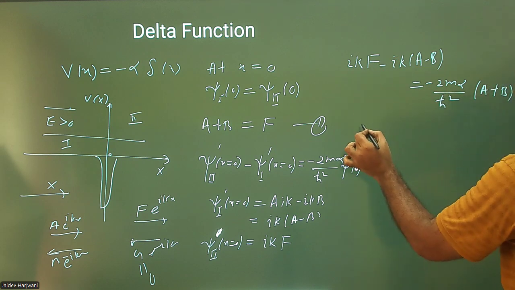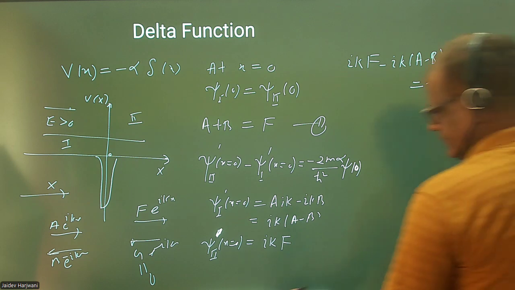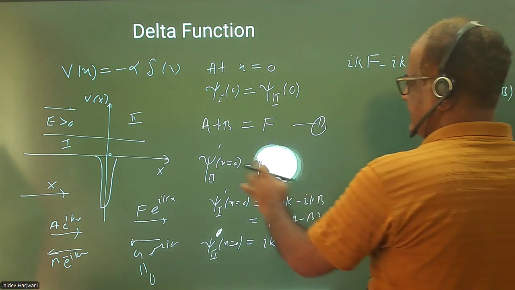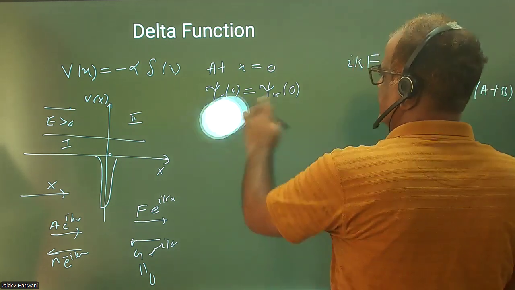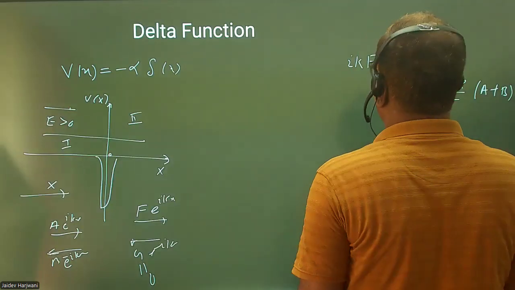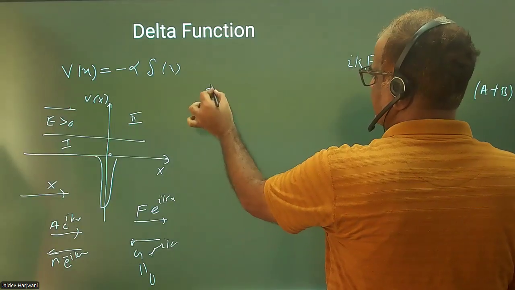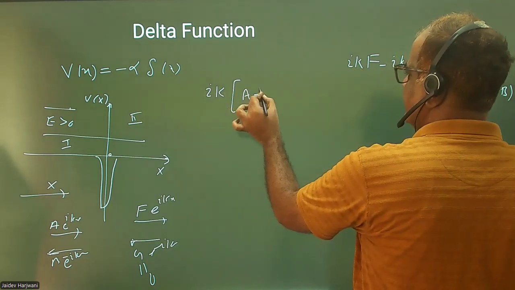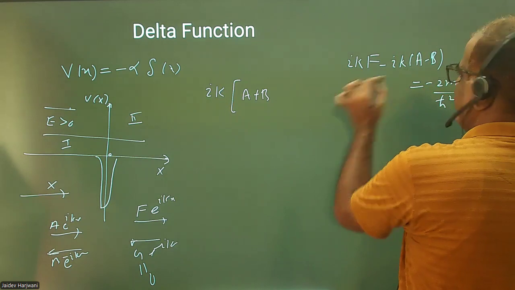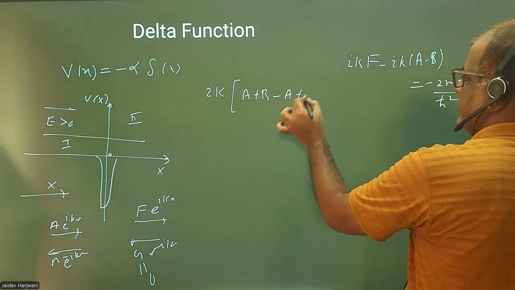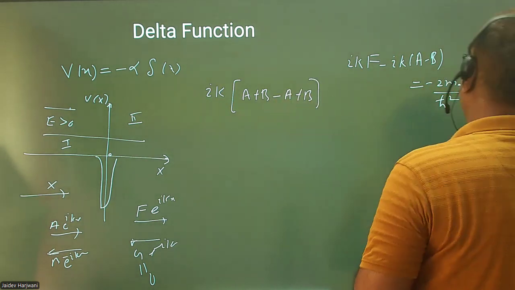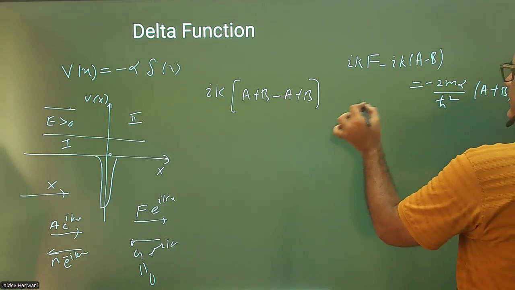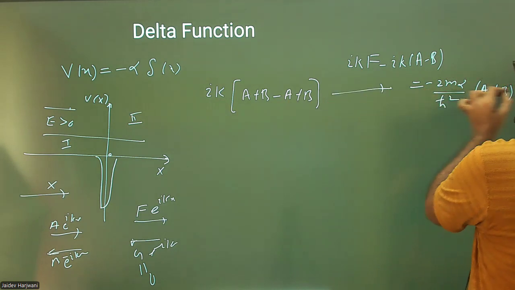Now I have here iota k. I can solve it further. We have iota k times f, and f is a plus b, and then you have minus a plus b, and this is equal to this thing.